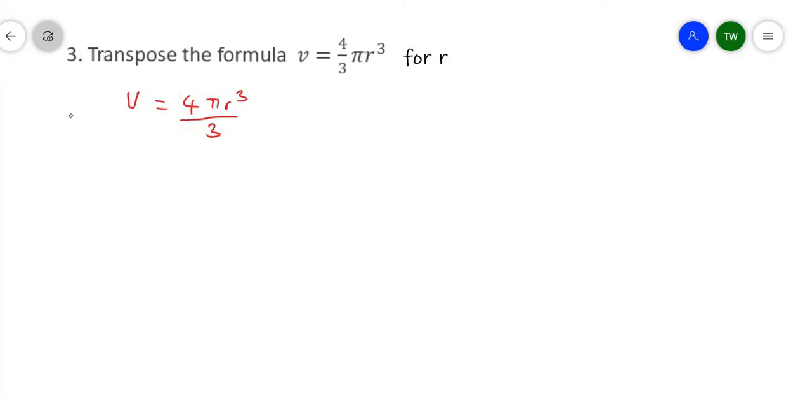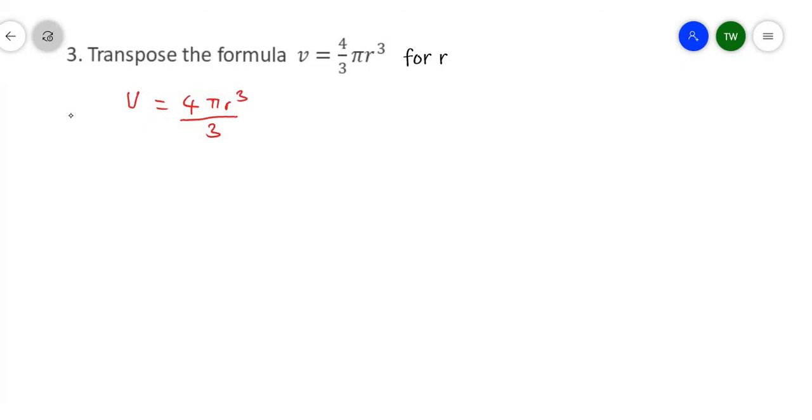So when we look at the numerator, what is happening to the numerator here? The numerator is being divided by 3. So we need to transpose this 3, or transfer this 3 to the other side of the formula, right?